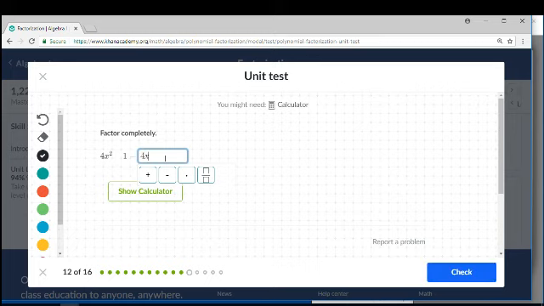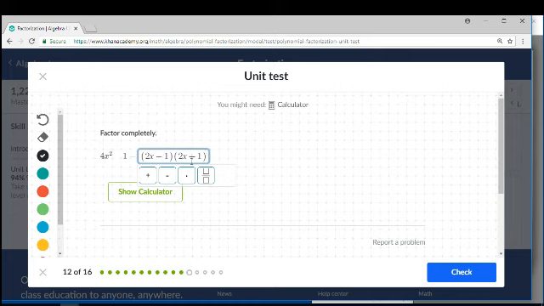For 4x squared minus 1, so this would be square root of 4x squared is 2x minus 1. And do 2x plus 1.